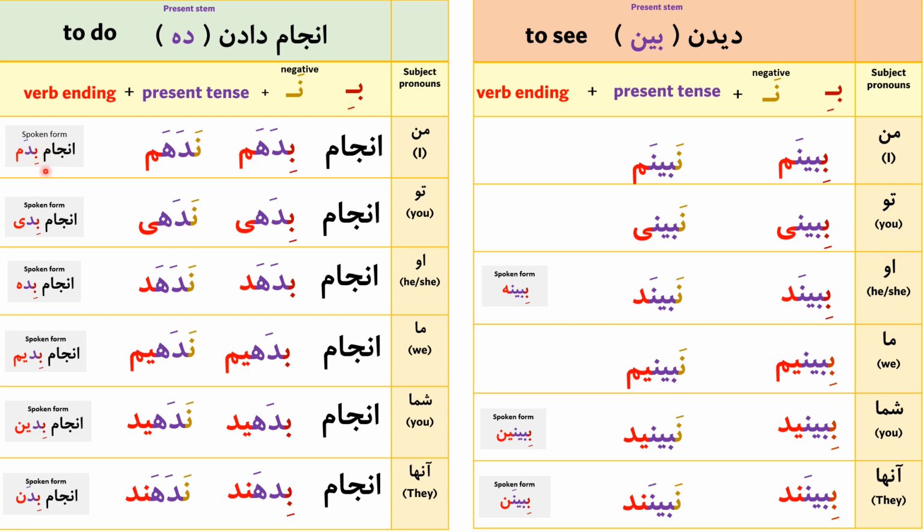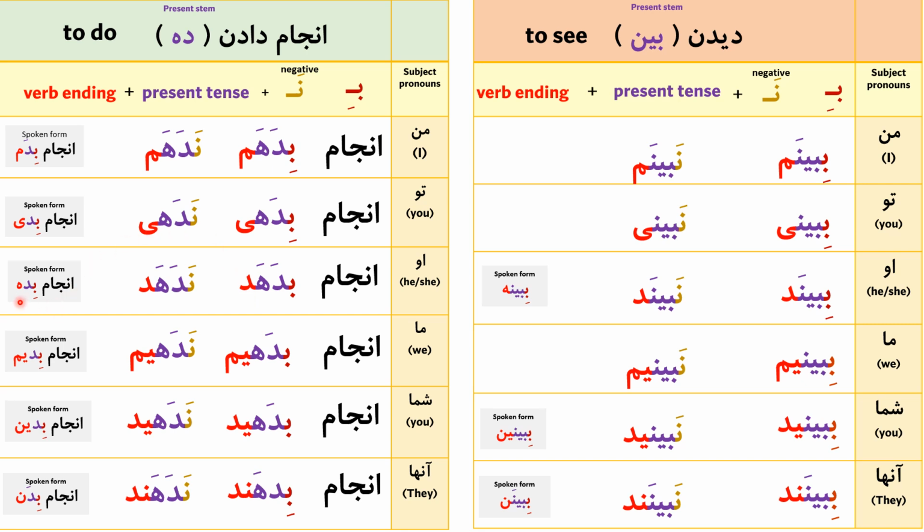There's a drastic change in the spoken form for this verb. So انجام بدهم in the spoken language is انجام بدم. انجام بدهی, انجام بدی. Or انجام ندی for the negative. Sorry, there was no space for me to put the negative, but it's just the same, only be changes to na. انجام بدهد, انجام بده.